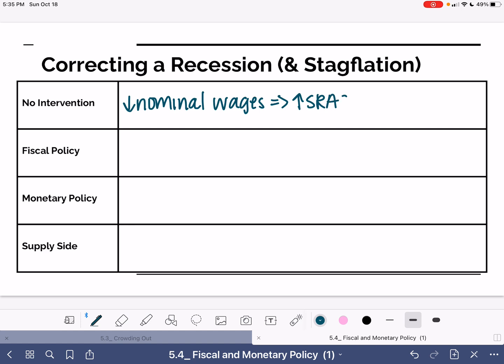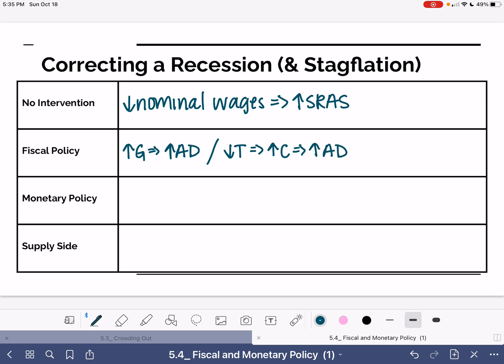Well, it's going to increase to correct that gap. Now, if we look at fiscal policy, the changes to government spending and the changes to taxes, we want to increase government spending, which will increase aggregate demand. And then we can decrease taxes, which will increase consumer spending, which will then increase aggregate demand.